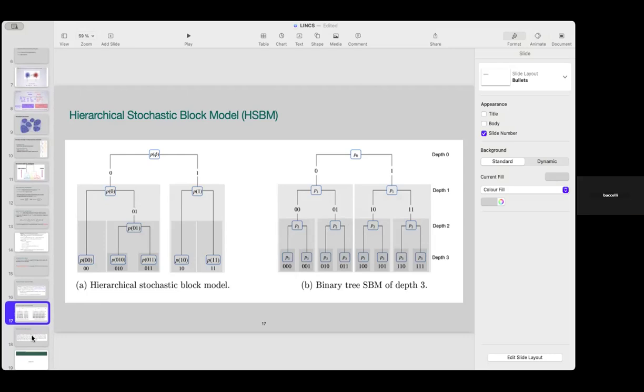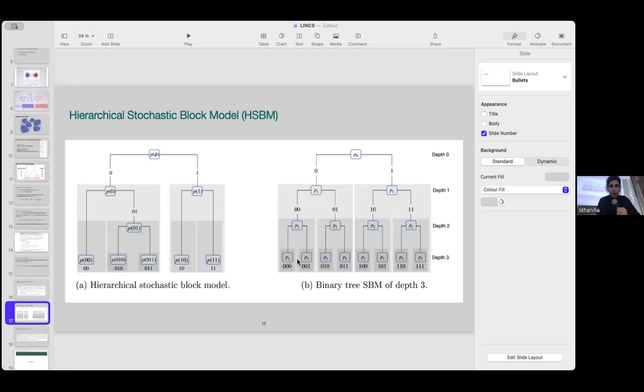Sayeh, could you explain more precisely what, in the binary case, P3, P2, P1, and P0 are? Okay. We are in the binary case, so the size of each of the communities is the same.